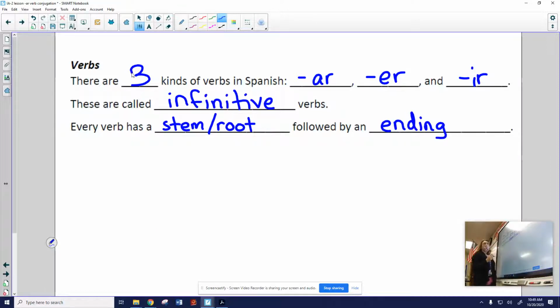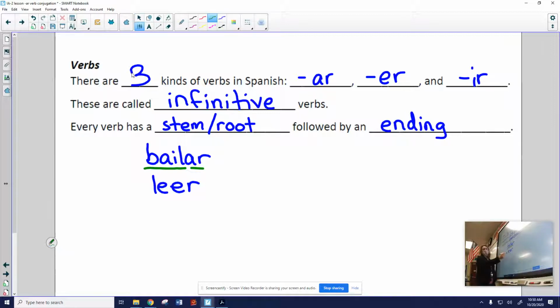For example, the verb bailar means to dance. The stem is bail, and the ending in this case is ar. It's the infinitive ending. Another verb we might know is leer. Do you know the verb leer? Read. Leer means to read.